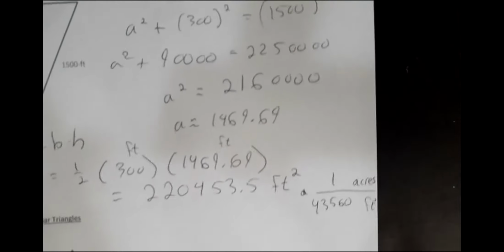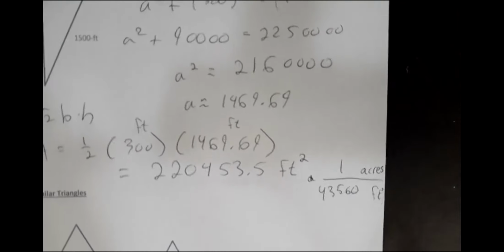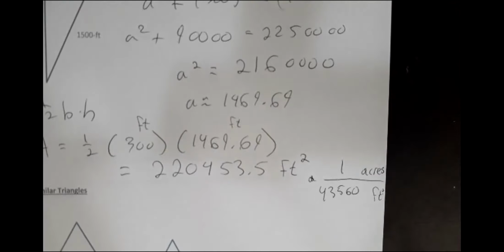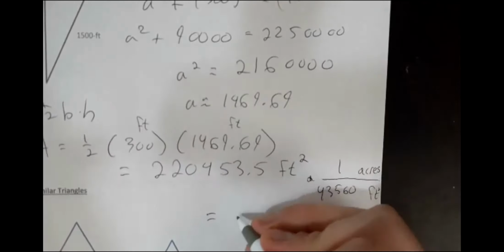So I'm going to end up taking this number and dividing it by 43,560 to get to acres. Divided by 43,560? Yeah, okay. This is 5.06.